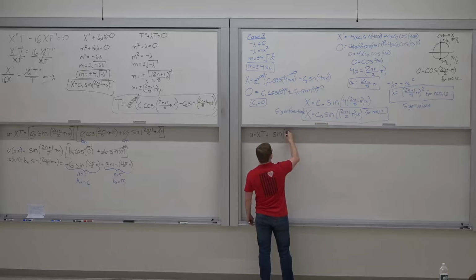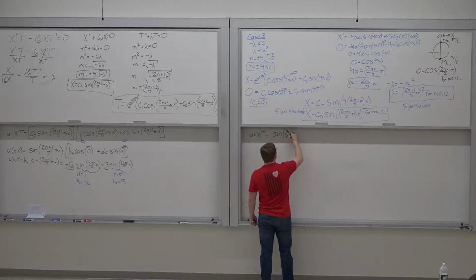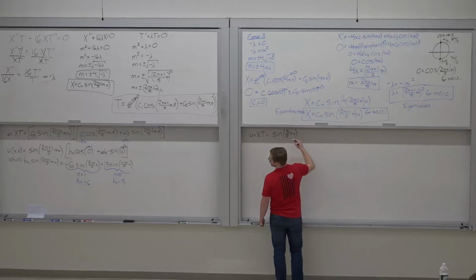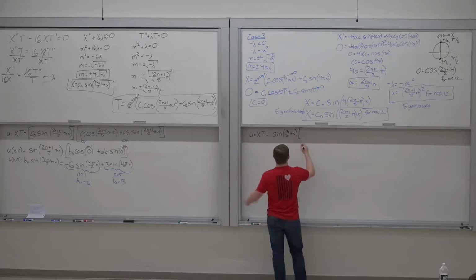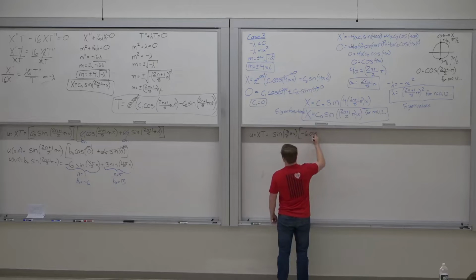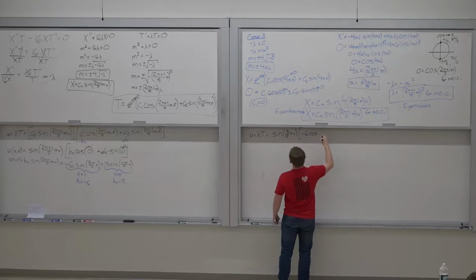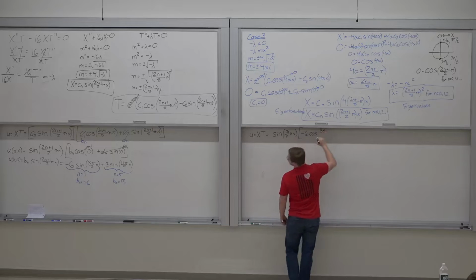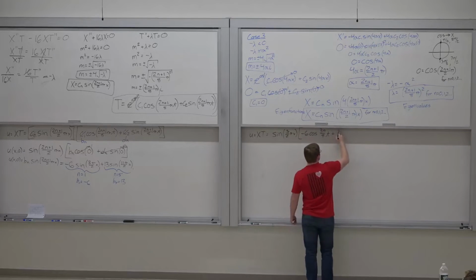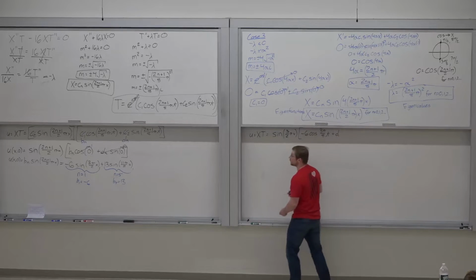So this is going to be 3 over 2 pi x times negative 6 cosine of 3 pi over 8 times t plus, it's going to be now d sub 1, right?